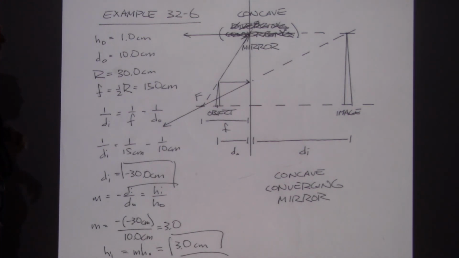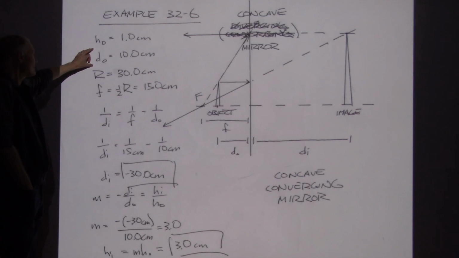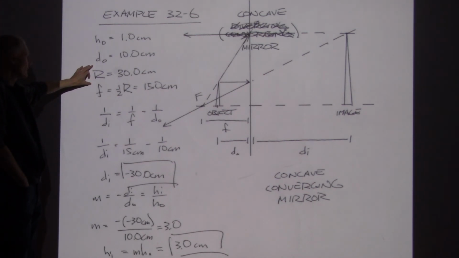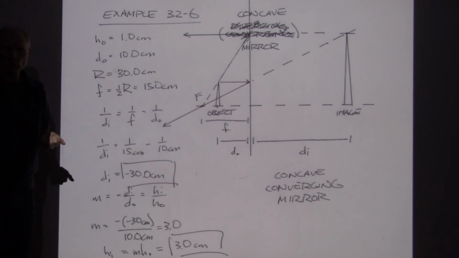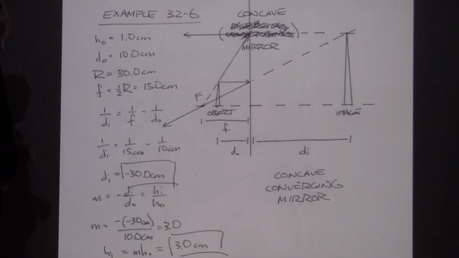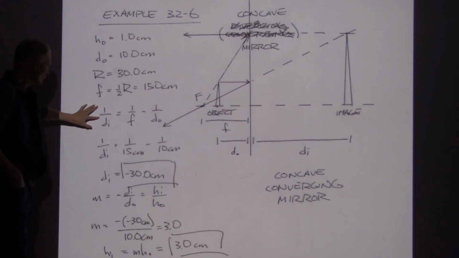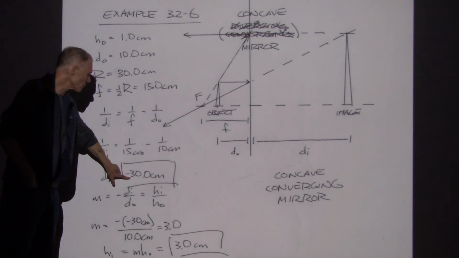So what they've done in this problem, we've got an object height of 1 centimeter, we've got an object distance of 10 centimeters. It's the same mirror, 30 centimeter radius of curvature, and that says we still have the focal length of 15 centimeters. But now the object has moved inside. And so when we solve for the image distance, what I'm getting is minus 30.